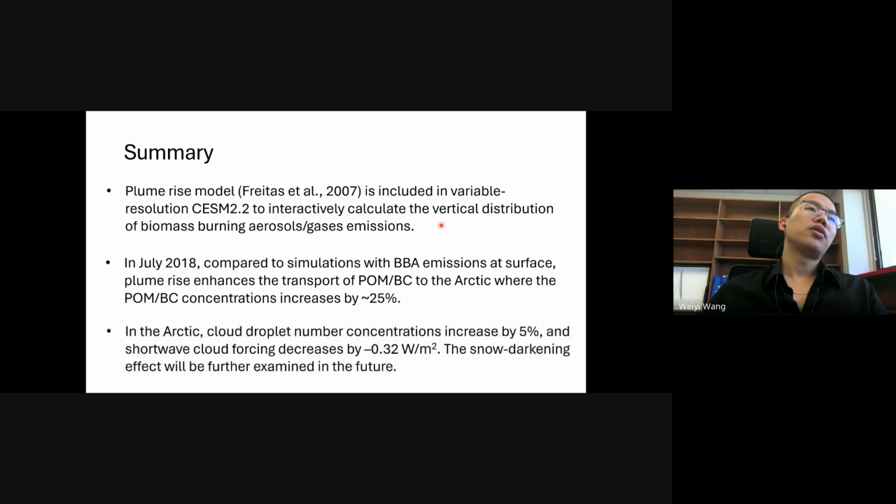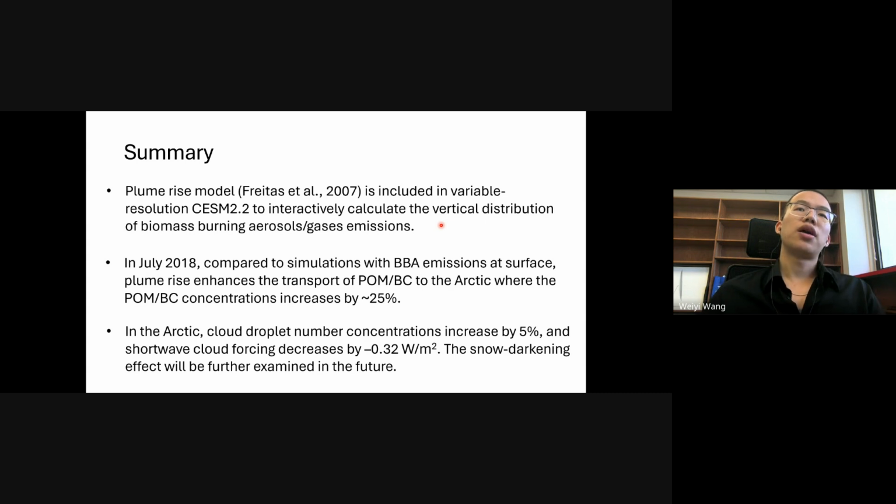And in the Arctic, the cloud droplet number concentrations increased by 5%, and the shortwave cloud forcing decreased by 0.32 watt per square meter, which can further affect the surface energy balance and Arctic warming.